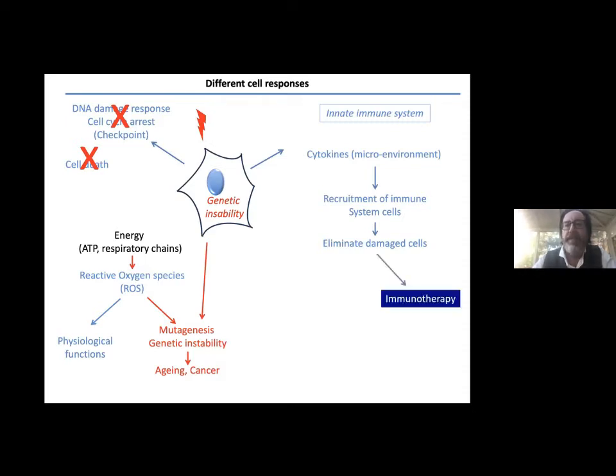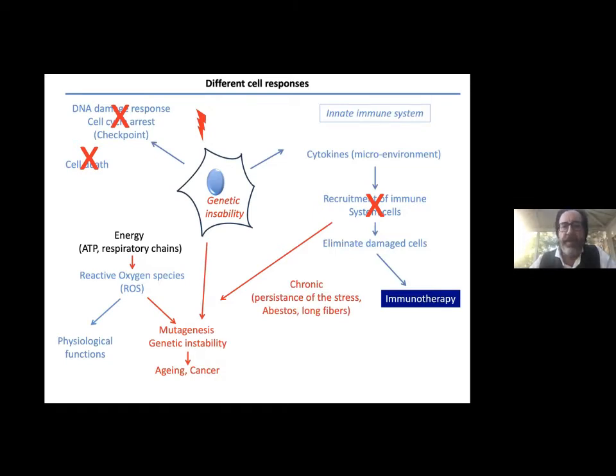And this is also the basis of immunotherapy. But if this is not working, of course, you will not eliminate this damaged cell, and then you will accumulate mutagenesis. That's the reason why a deficiency in the immune system is also frequently accompanied by cancer predisposition.